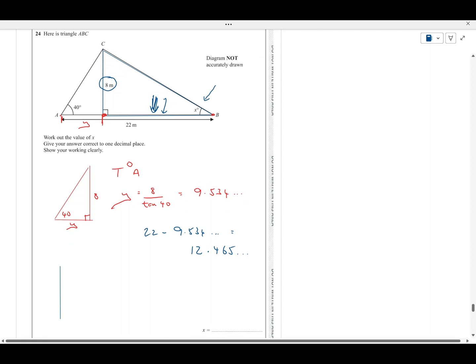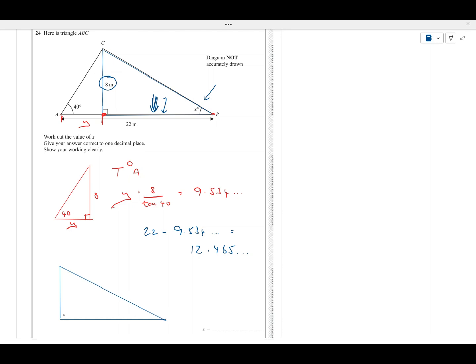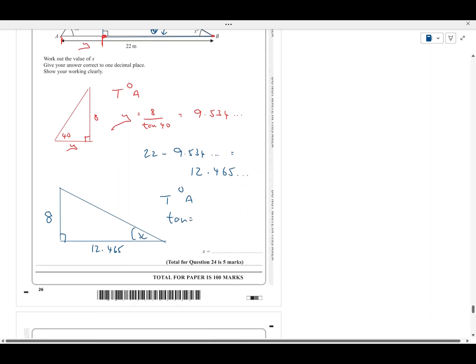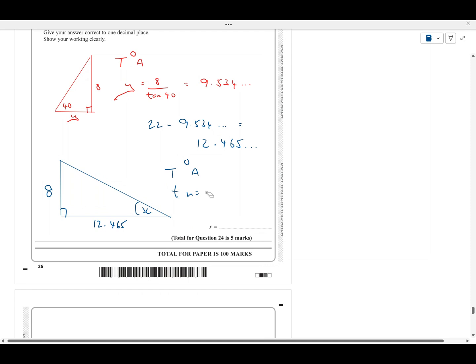Now let's draw that right-hand triangle. It looks like this. Along here, go along here, 90, that's 8, and now I know that that one is 12.465. I'm being asked to find angle x. Oh look, it's tan again, isn't it? Tan of x is the opposite over the adjacent.